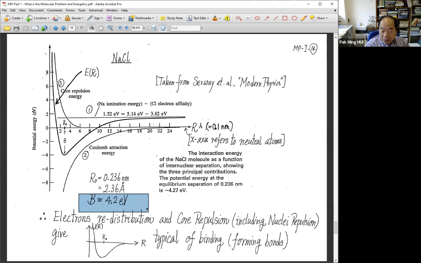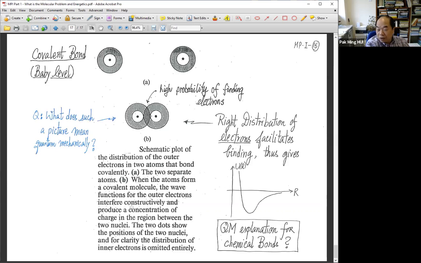Okay? Now that means we have some reasoning for this kind of form that we expect when we see something bind. So this comes to the last page. It motivates the next thing. This is baby level, high school covalent bond. So you have atoms on the left, A and B atoms, when they come together, you see some higher concentration of electrons. So this will attract to this, will attract to that.